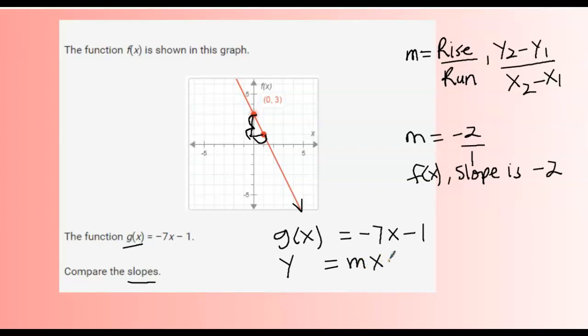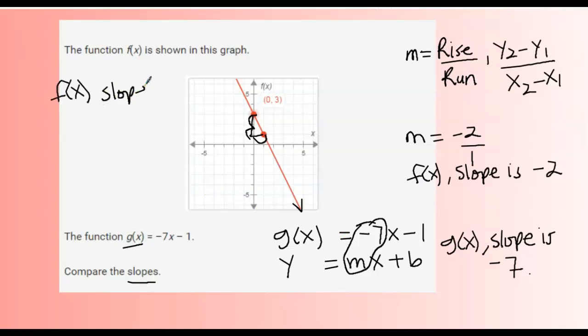So here, we compare it with y equals mx plus b, and therefore the m, which happens to be the slope of g of x, is -7. Okay, so in this situation, we can conclude that the slope of f of x is greater than g of x.